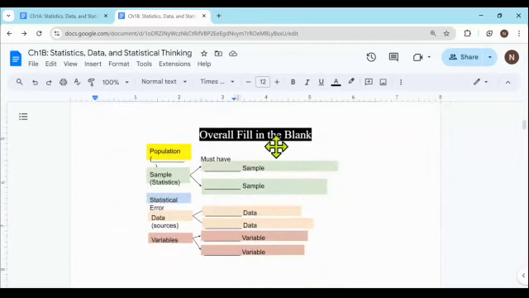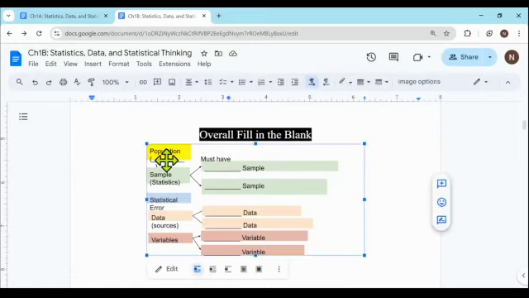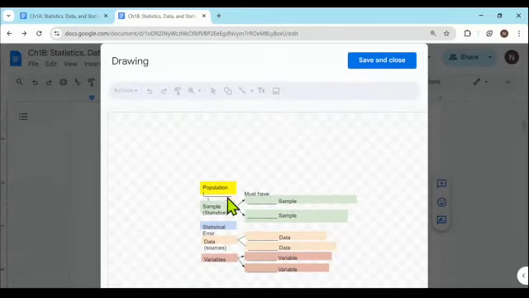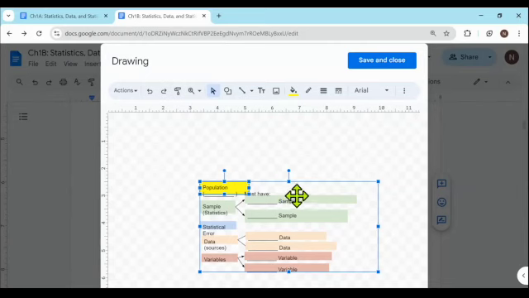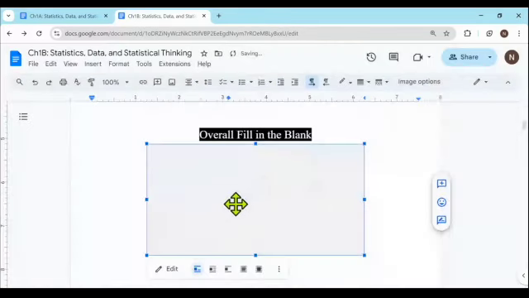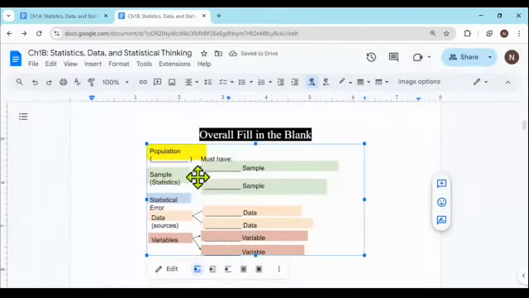Here also fill in the blank. What is related to population? Parameters. So you need to write parameters here. Just write the word parameters. And your sample must have what? It has to be of enough size and representative.